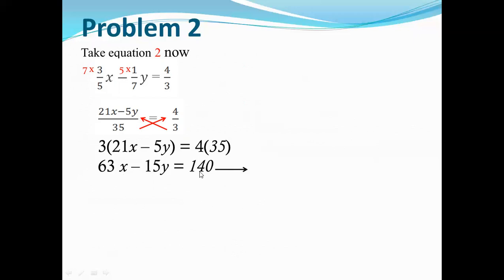We call it our fourth equation, or equation number 4. Now you can notice that equation 3 and equation 4 are both simple equations without any fractional values. We will now use the elimination method to find the value of one unknown.